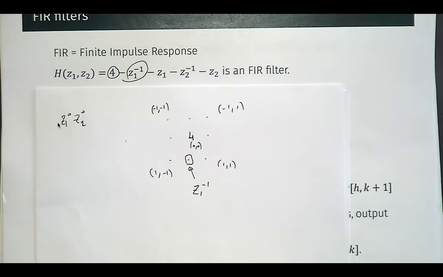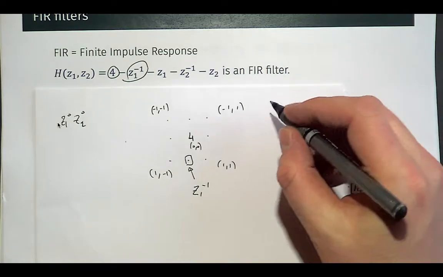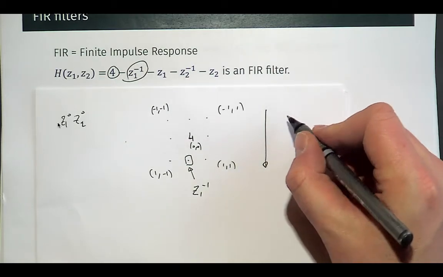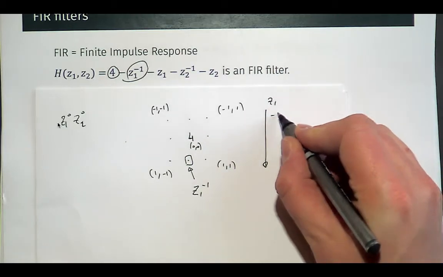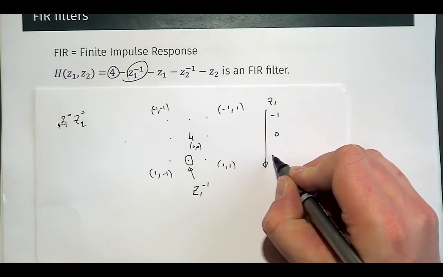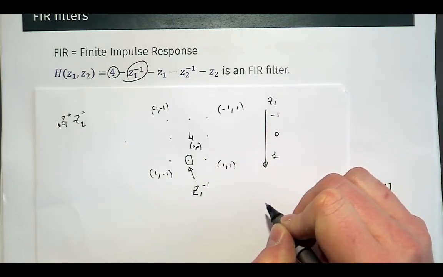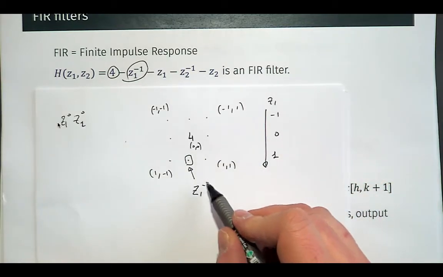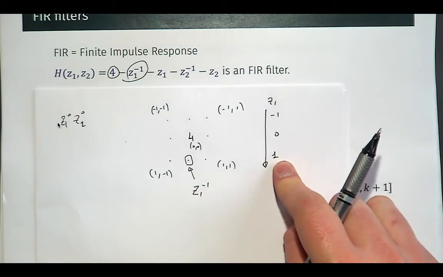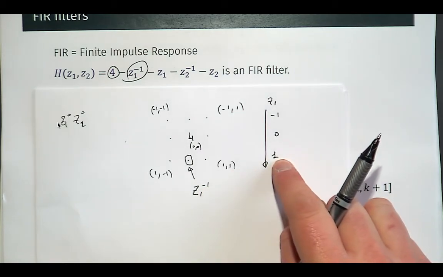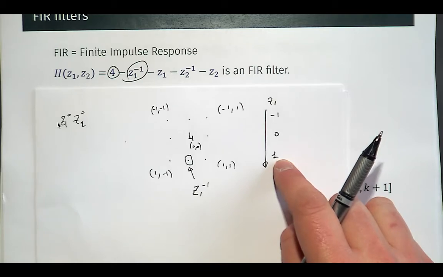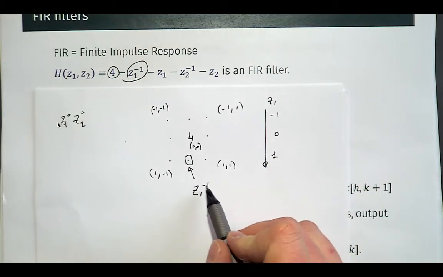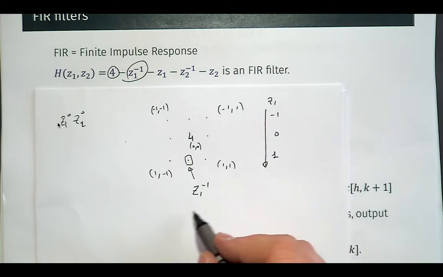Remember, everything is kind of opposite sign. So in that direction, you have Z1, and that would be -1, 0, 1. So Z1 to the -1 corresponds to this value here. So it's -h, remember? So Z1 -1, that would be this guy.